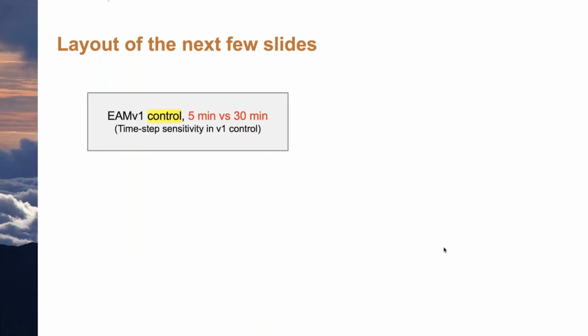And for each physical quantity that I will be showing, I will present 4 panels on one slide. The upper left panel will show you the differences between two simulations that both use the EAMv1 control configuration, but using 5-minute or 30-minute time step.